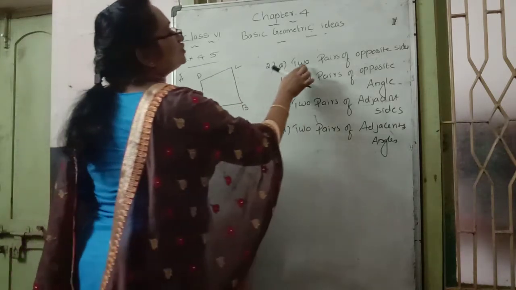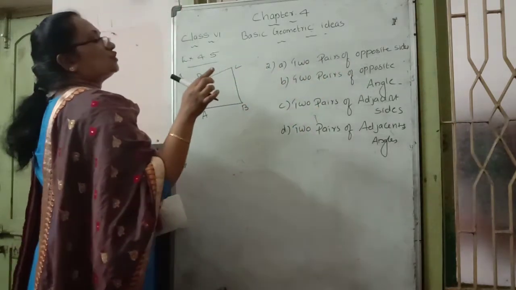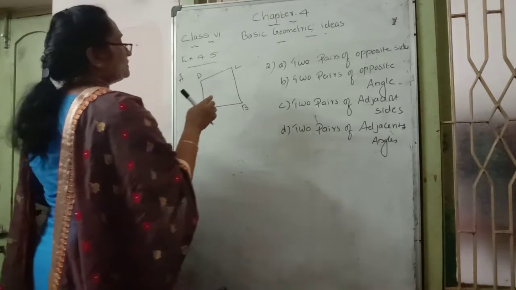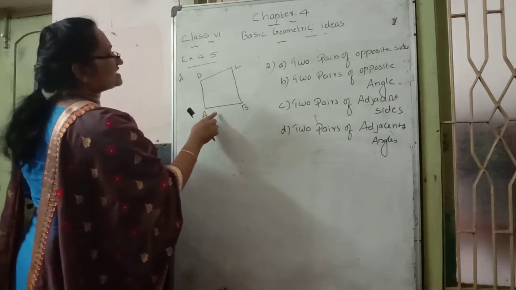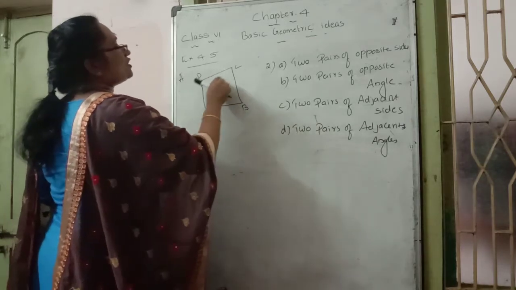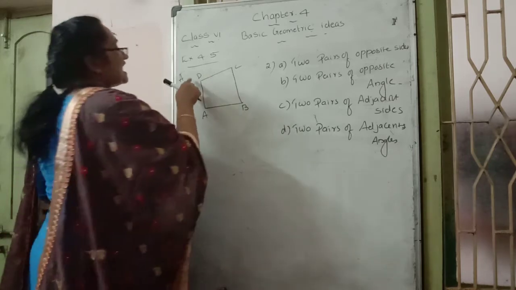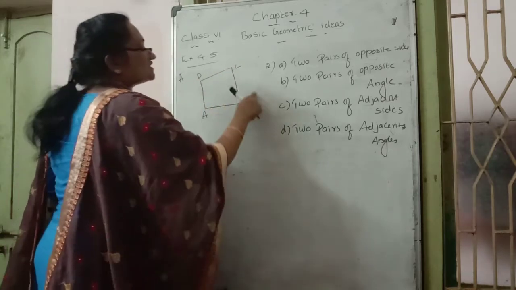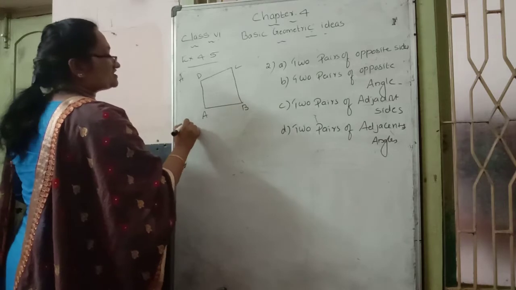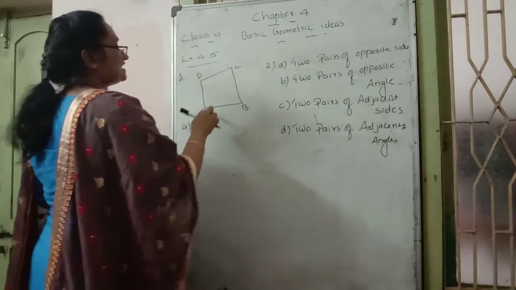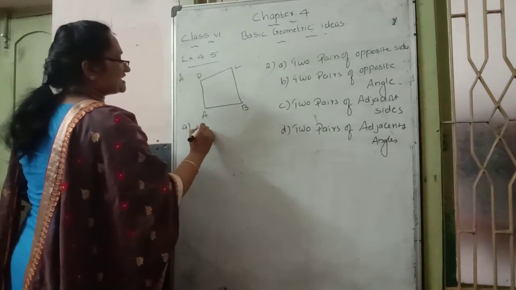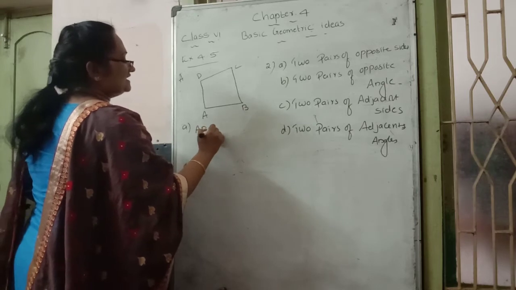Then they ask for the two pairs of opposite sides. Which are the opposite sides? AB side is opposite to DC side, and AD side is opposite to BC side. So for the first question we get two pairs.